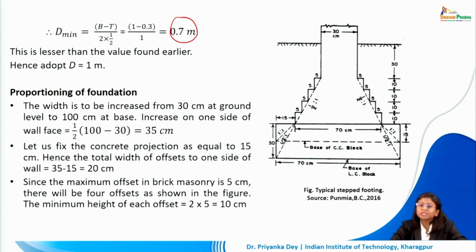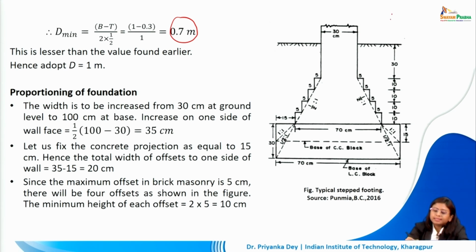So we are going to take the number which is higher. So if Rankine's formula is providing us a higher number, we are going to stick to that. We are not going to reduce the size lesser than 1 meter, and that should come up to approximately 1 meter, right? So we are going to stick to 1 meter as the minimum depth of the foundation, and we are going to stick to 1 meter as the width of the foundation.